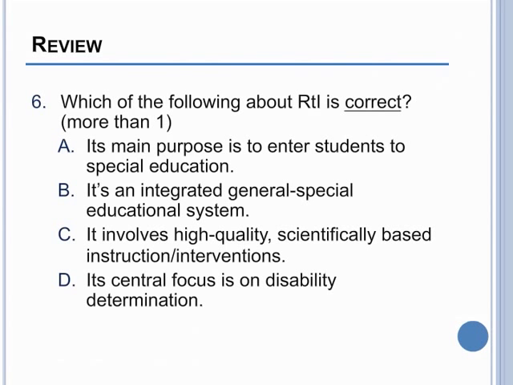And the last review question, which of the following is correct? A, its main purpose is to enter students into special ed. B, it's an integral general and special education system. C, it involves high-quality scientific-based instruction and interventions. D, its central focus is on disability determination. And you should pick B or C. They're both correct answers.